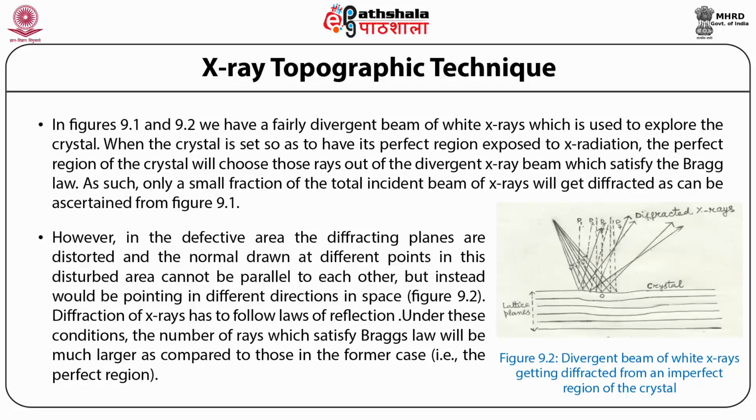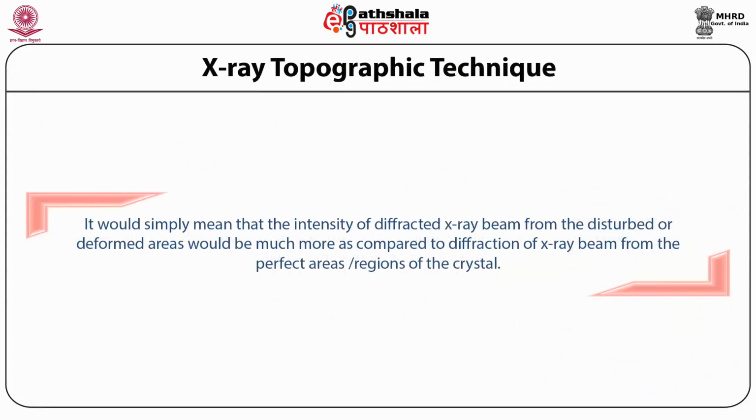Diffraction of X-rays has to follow the laws of reflection. Under these conditions, the number of rays which satisfy Bragg's law will be much larger as compared to those in the former case, that is the perfect region. It would simply mean that the intensity of the diffracted X-ray beam from the disturbed or deformed areas would be much more as compared to diffraction of the X-ray beam from the perfect areas or regions of the crystal.